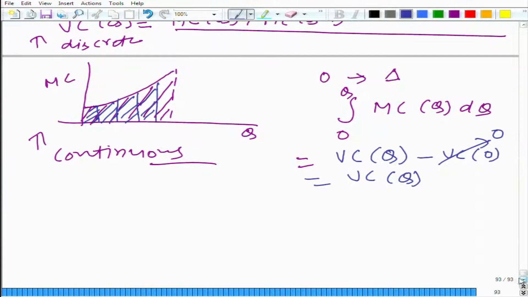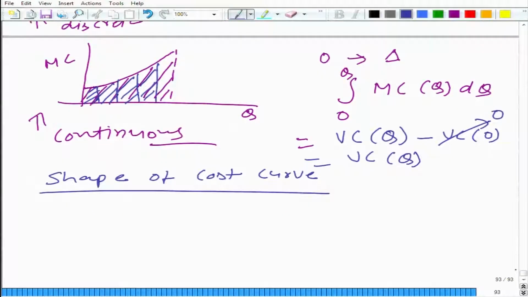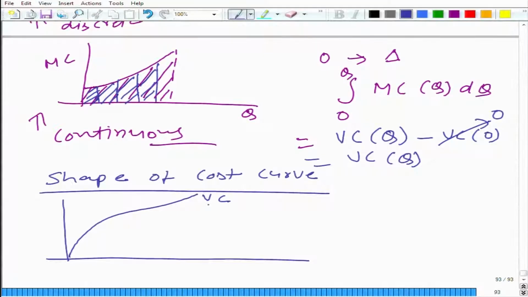Now, we can talk about the shape of cost curves. We have earlier talked about this: let us take something like this as the variable cost, and here we have what is called fixed cost.